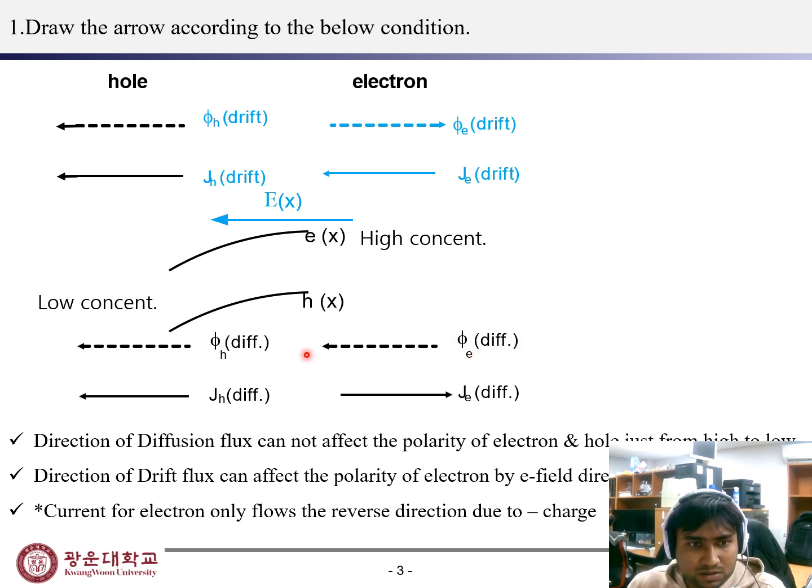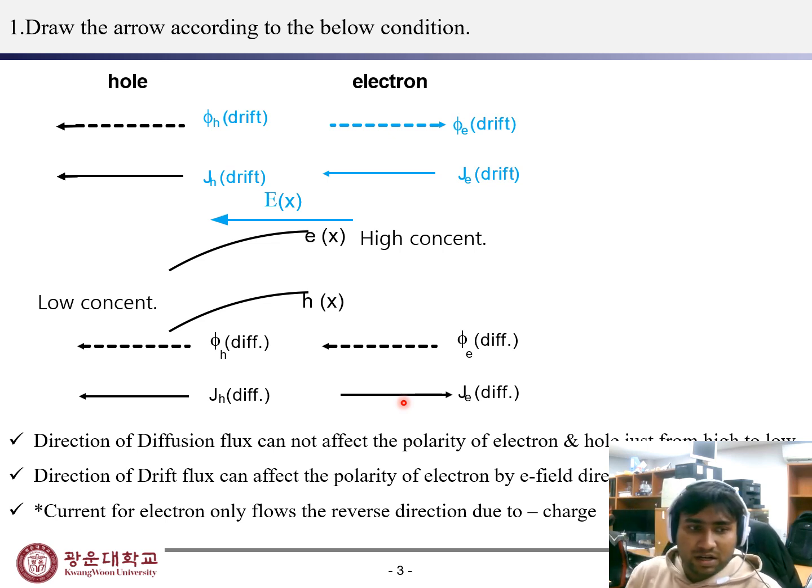Here we know the hole diffusion current is in the same direction as the hole flux, but the diffusion current of the electron is opposite due to the convention.